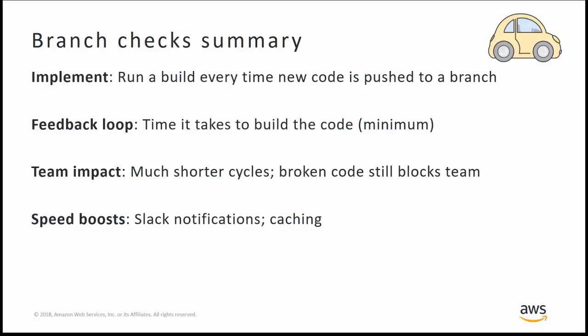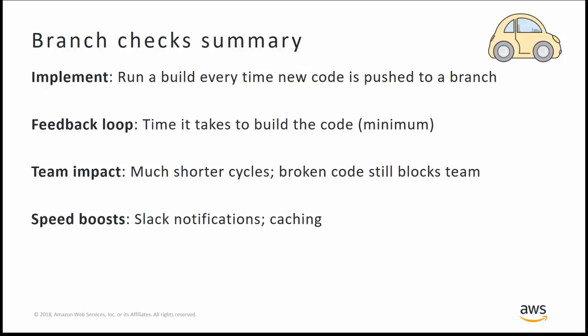So for branch level checks, in order to implement it, you simply run a build every time new code is pushed to a branch. So we saw pushing to the master branch. The feedback loop is far better than for nightly checks with branch checks.